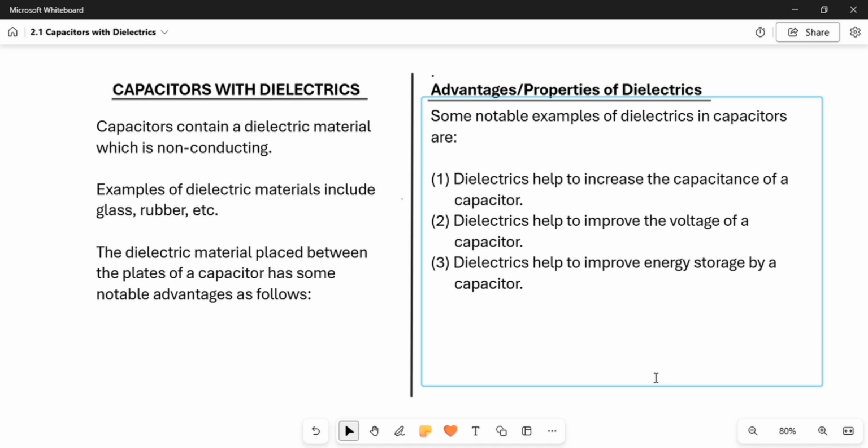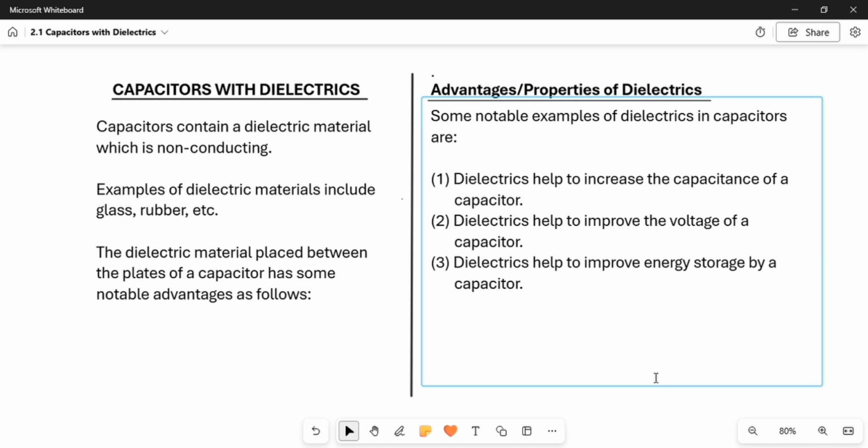So having looked at energy stored in a capacitor, recall from my previous lecture that I mentioned that a dielectric material can be placed between the parallel plates of a capacitor. So let us look at capacitors with dielectrics.